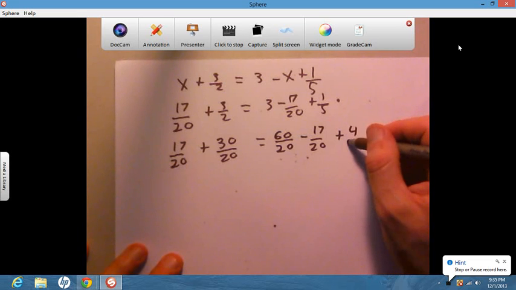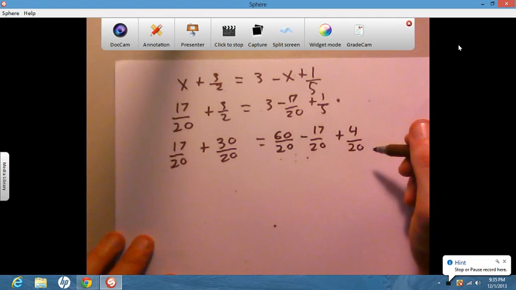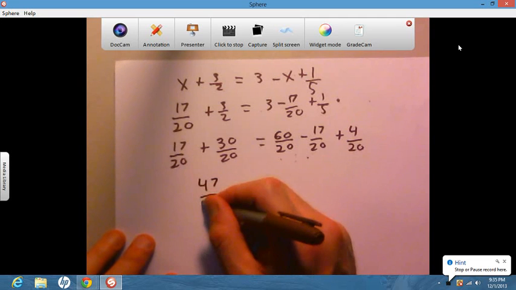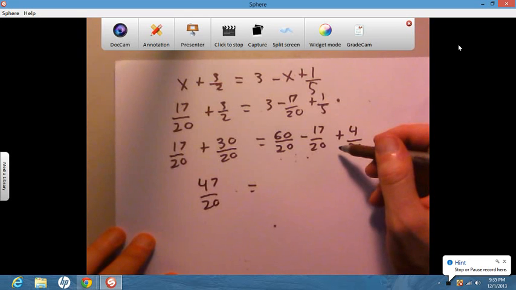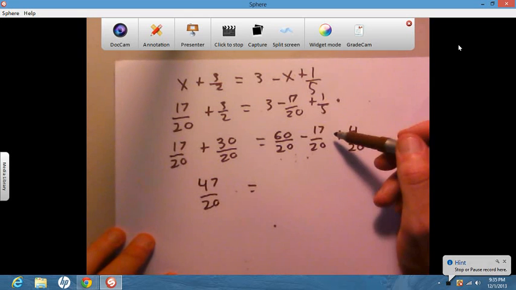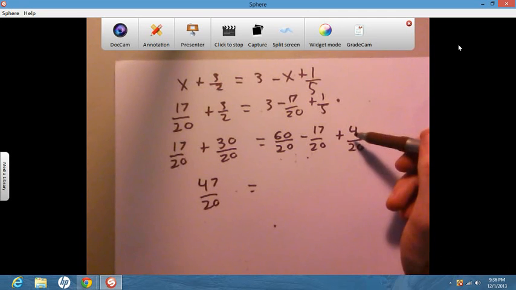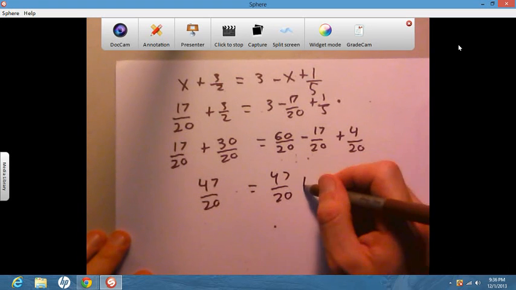Multiply 5 by 4 and the 1 by 4. Now 17 plus 30 is 47, so that's 47 over 20. And again, I'm just checking my answer. And 60 minus 10 is 50, and 50 minus 7 is 43, plus 4 is 47. So 47 over 20. And that gives me the correct answer.